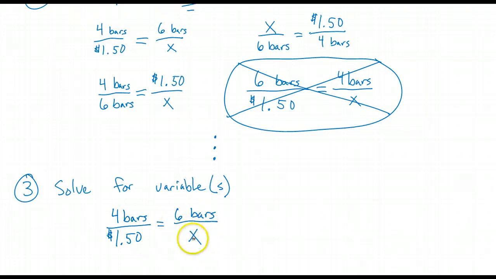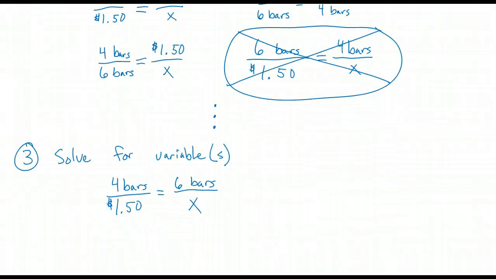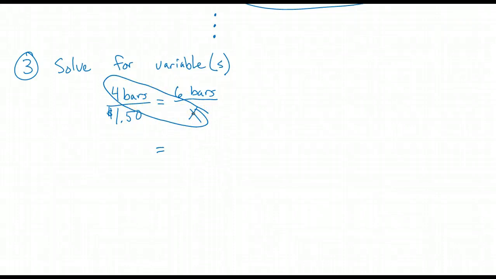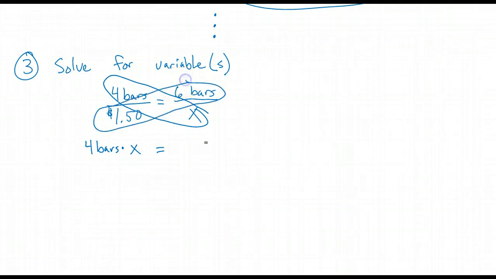To solve for x, I need to cross multiply. I'm going to drop my equal sign down, and I'm going to take numerator times denominator. So I'm going to have 4 bars times x equals $1.50 times 6 bars.